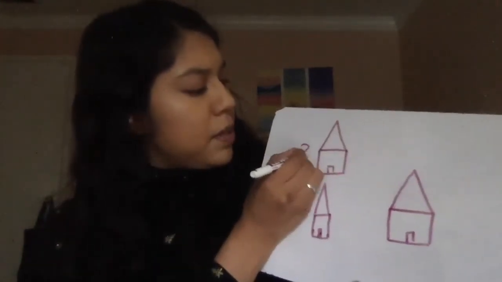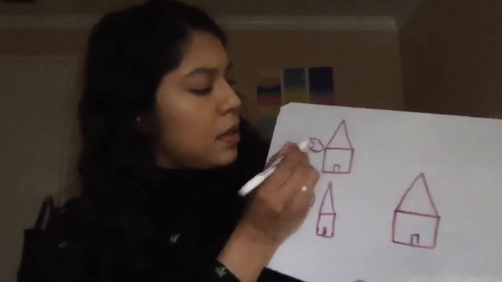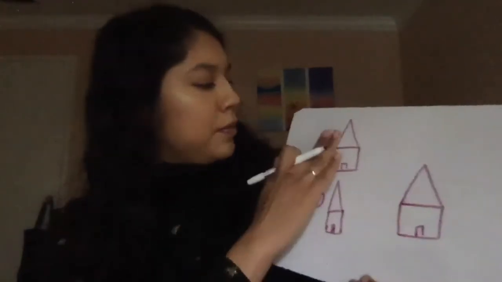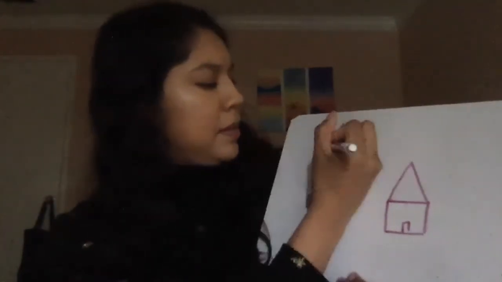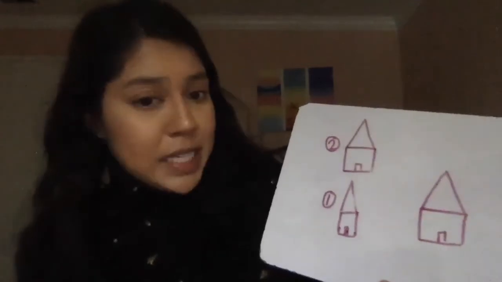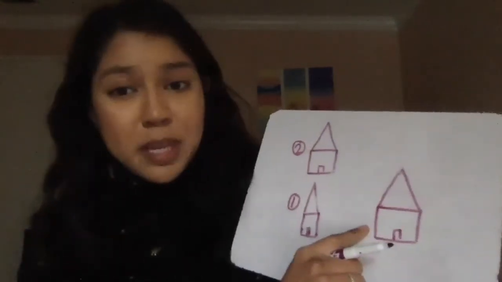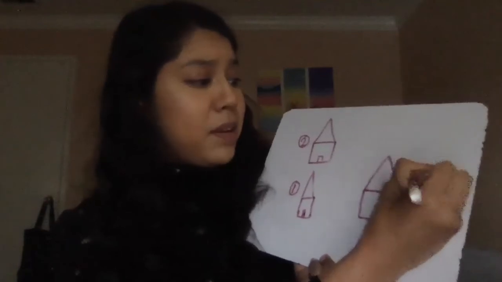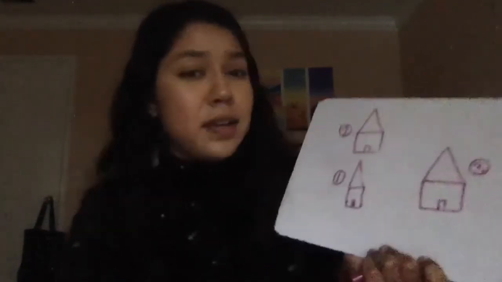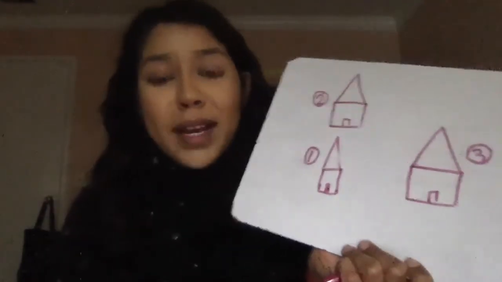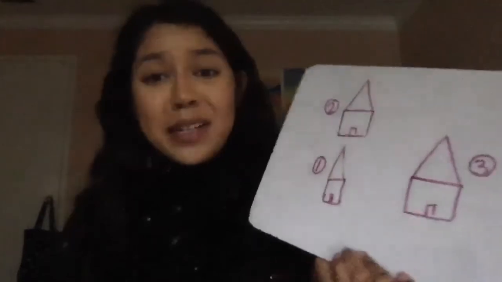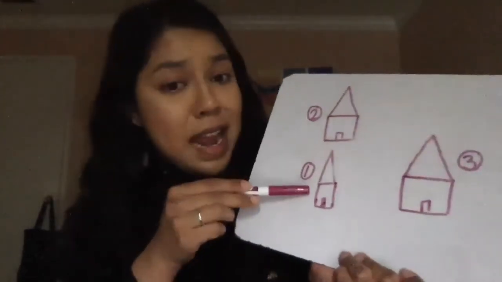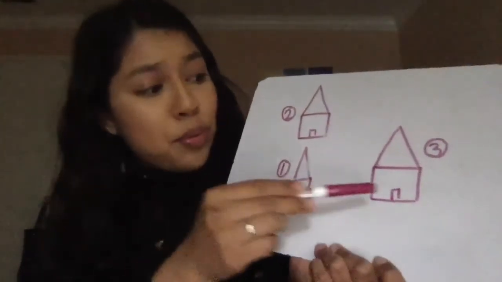So I'm going to put a 2 next to it. Which means this must be the widest house. So I'm going to label it with a 3. Now I organized my houses from narrowest to widest.